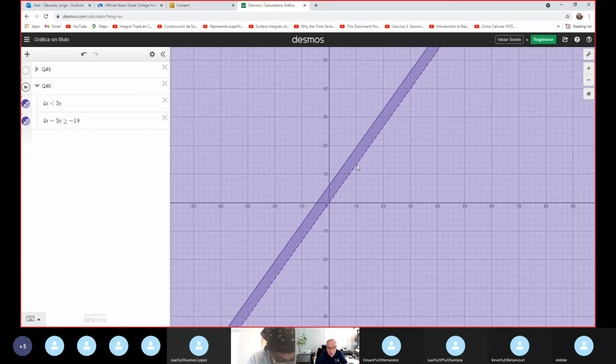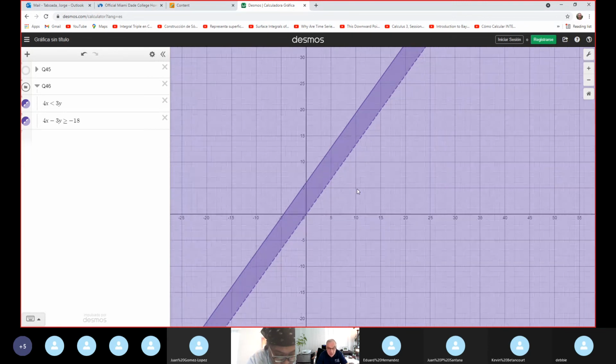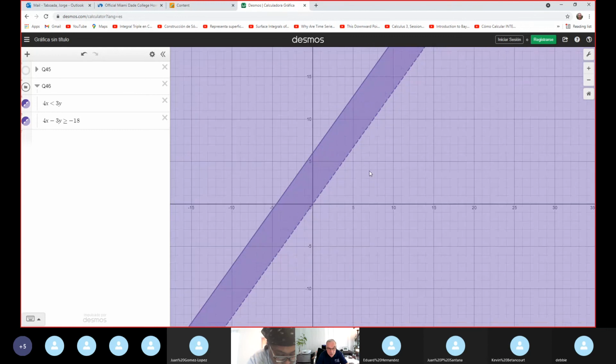The solution is the dark part. In this case, it corresponds, I suppose, with option D. Look, you zoom to see more clearly. It's option D. Do you see or no?